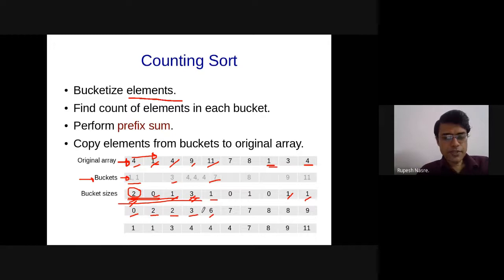Once we have obtained this, what do these numbers give you? Well, these numbers not only give you the prefix sum, but that prefix sum is indicating something. What is that? That is the final starting position of that particular element in the array.